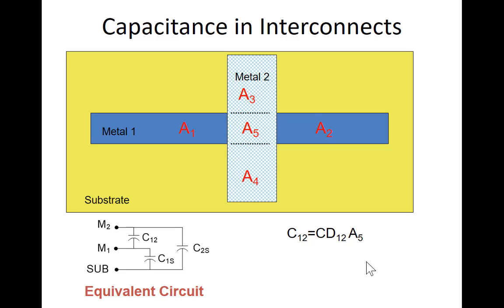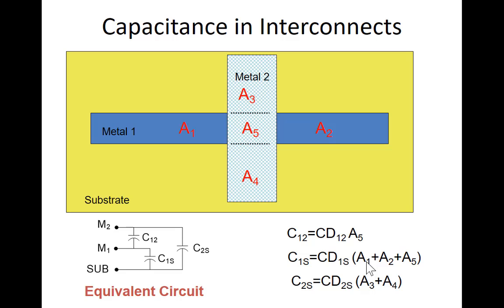Let me put two things up and then we'll go back and answer your question. So what I just described, I've listed here. So the question was, when you look at the capacitance from metal 1 to substrate, why don't you count A5 twice? Okay, so if you imagine you're on metal 1 and you look down below you towards the silicon wafer, what do you see underneath?